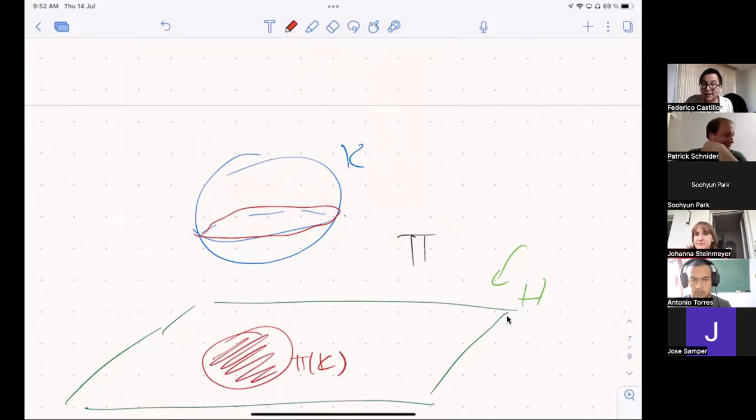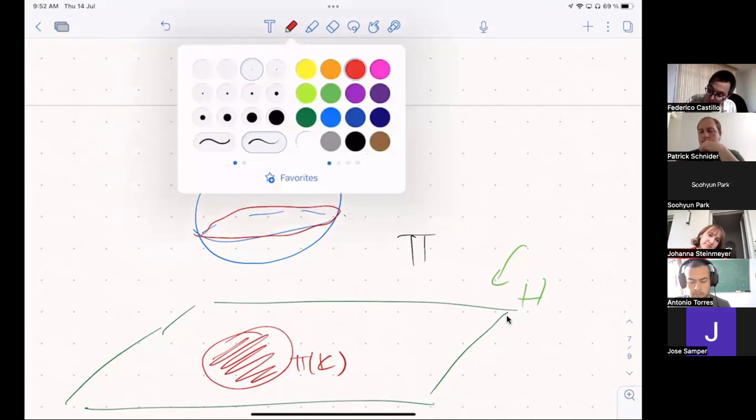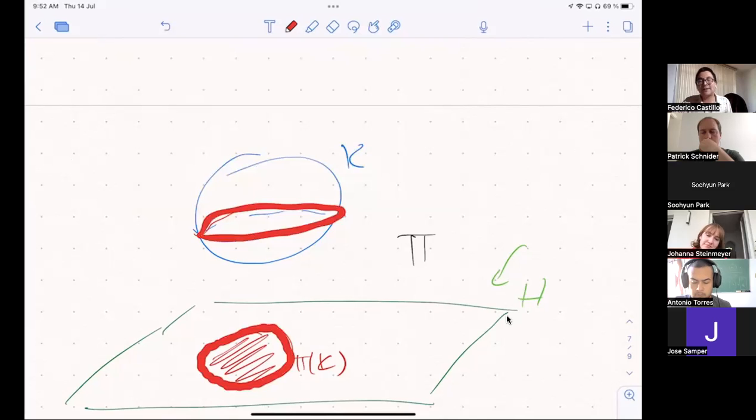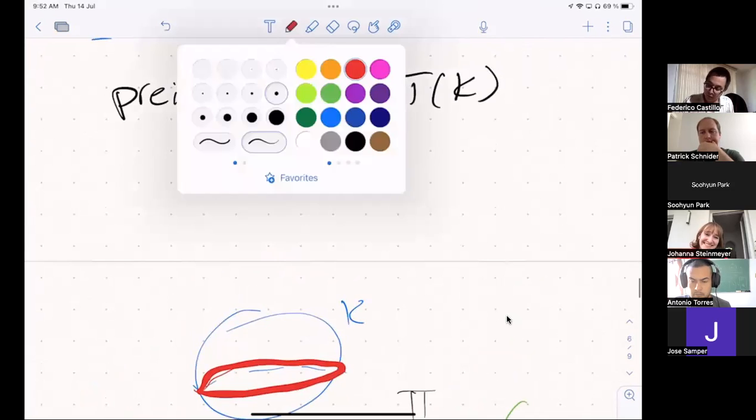Now, what they say is that if H is generic, there is a homeomorphism between this boundary, which is a circle, to the pre-image. Okay, this sounds very reasonable, but this is not always true. Let's give an example of what can go wrong.